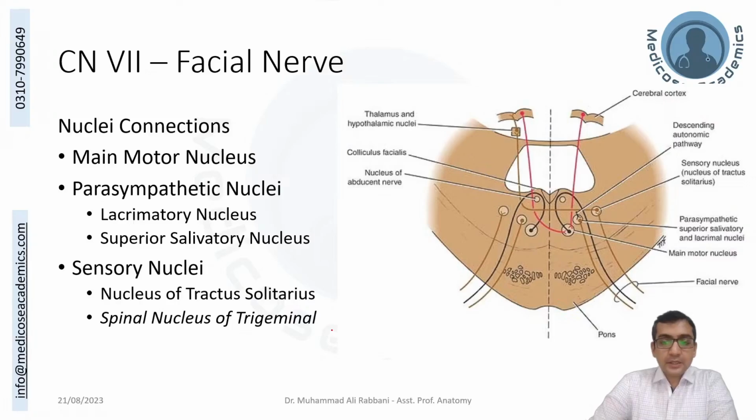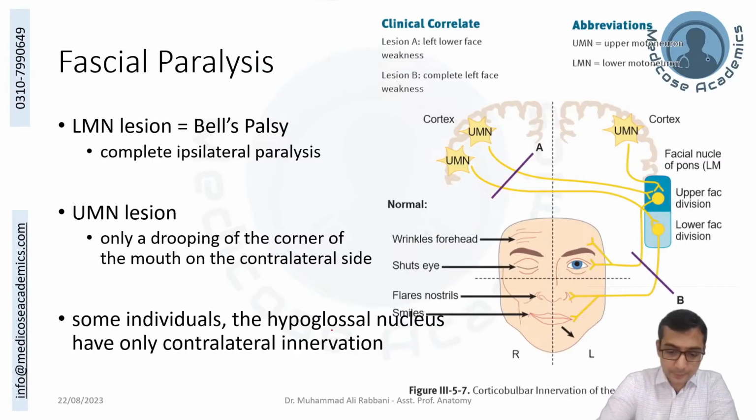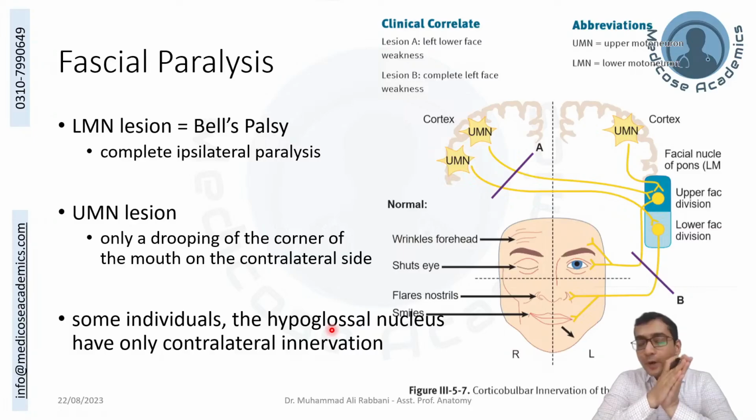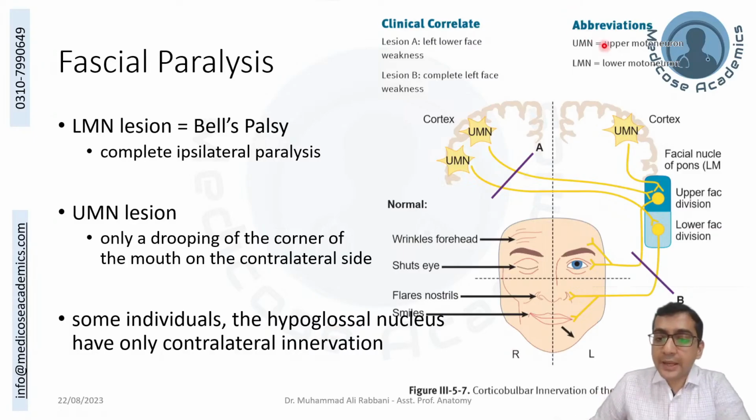There are connections, especially we have to talk about the connection of the main motor nucleus. The main motor nucleus of the facial nerve is divided into two parts. The part that is supplying the upper half of the face, the upper facial division, and the part that is supplying the lower half of the face, the lower facial division.